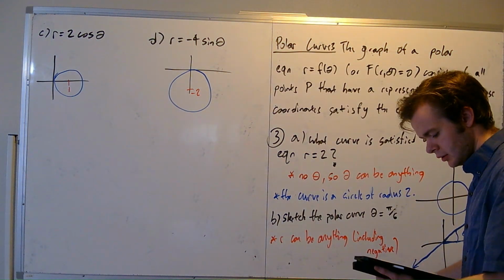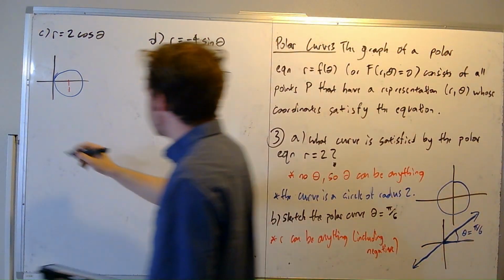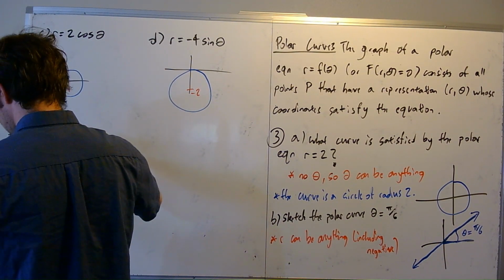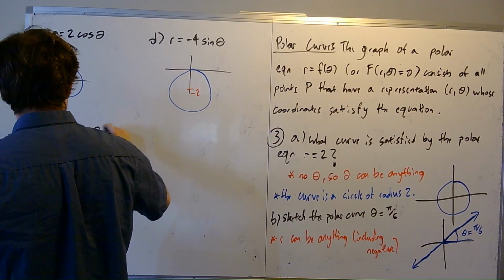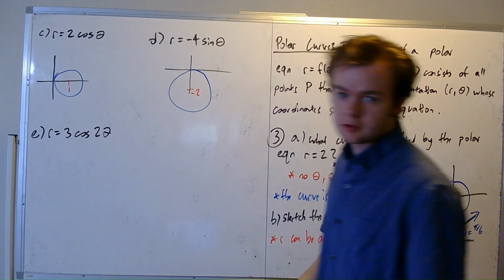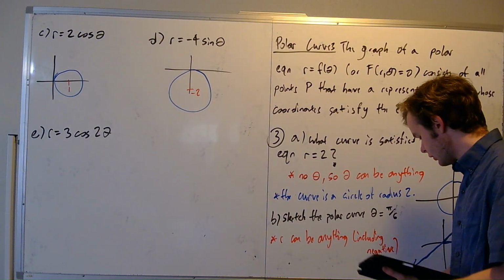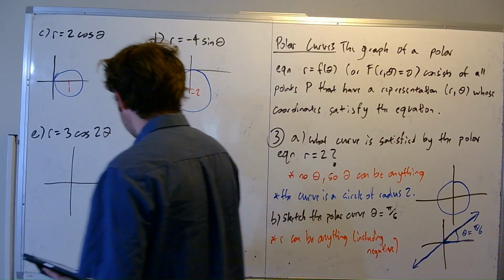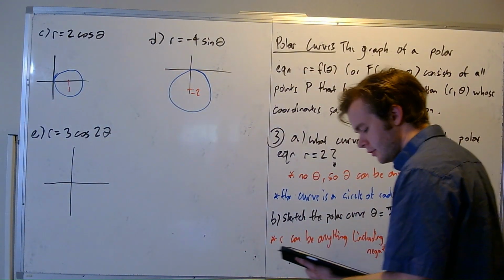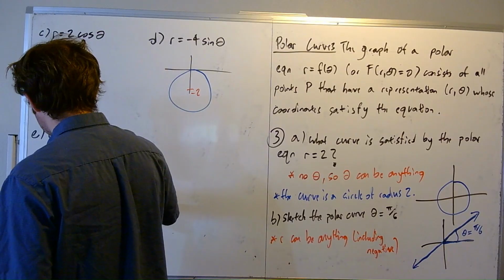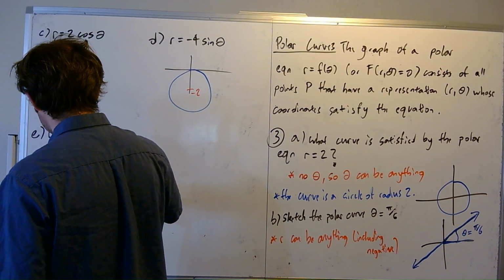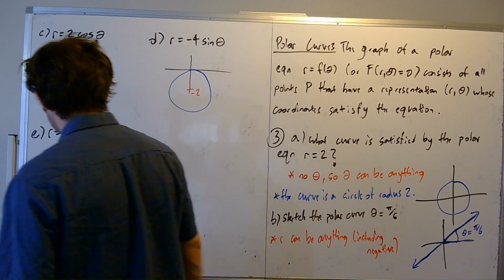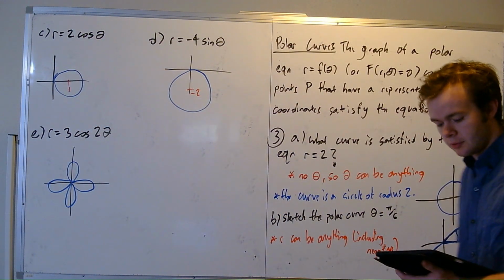Okay. Part E is going to be the equation r equals 3 cosine of 2 theta. So again, if you just plot points, eventually what you're going to end up getting, and these graphs can get a little bit complicated, but this graph is now going to look something like this. Something where you've got these 4 petals.